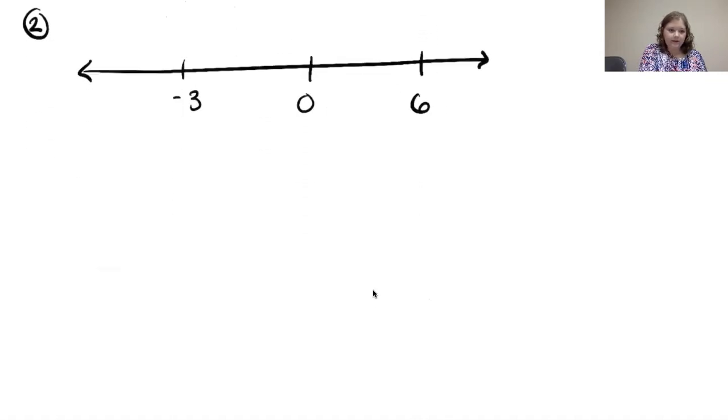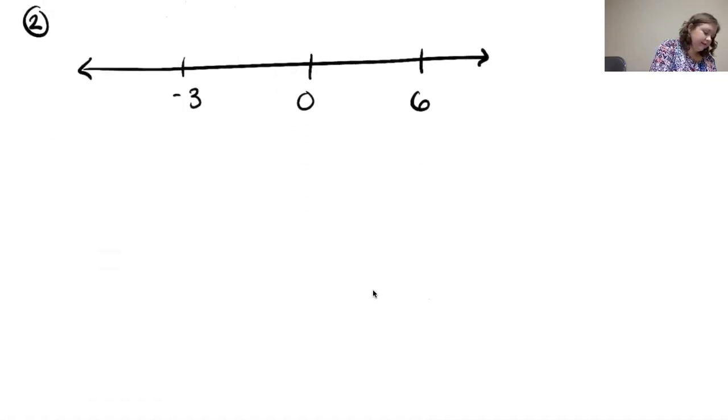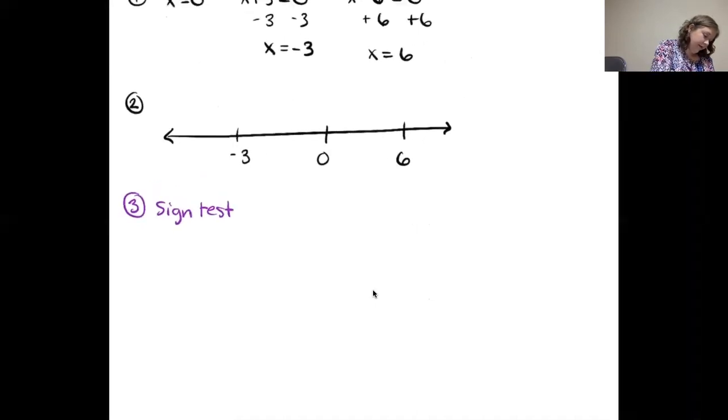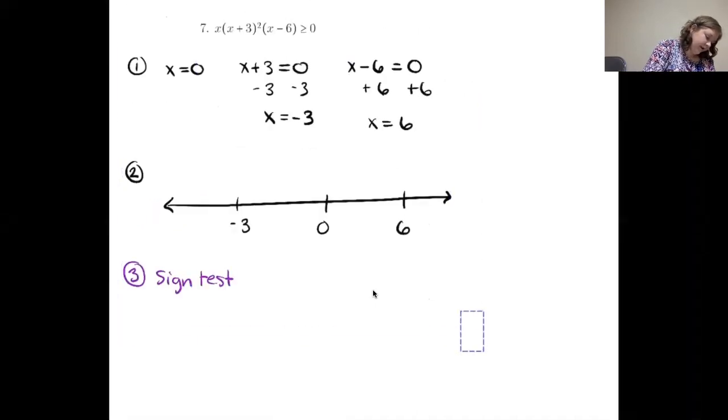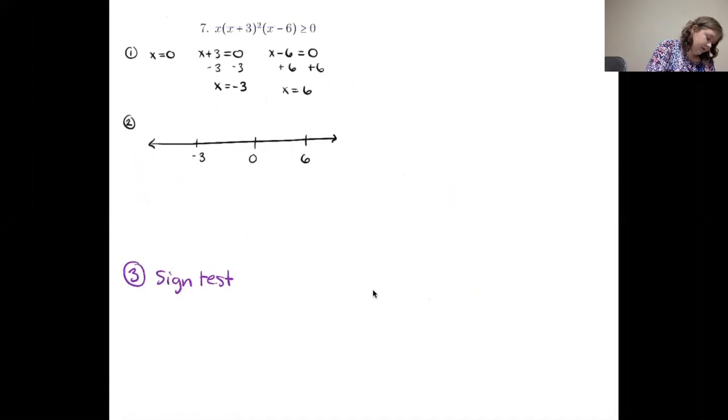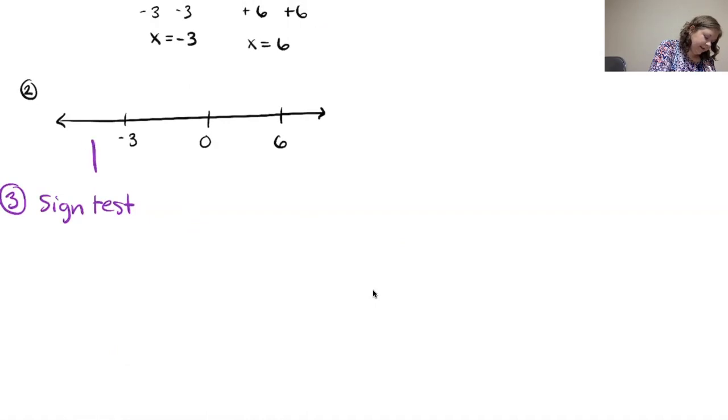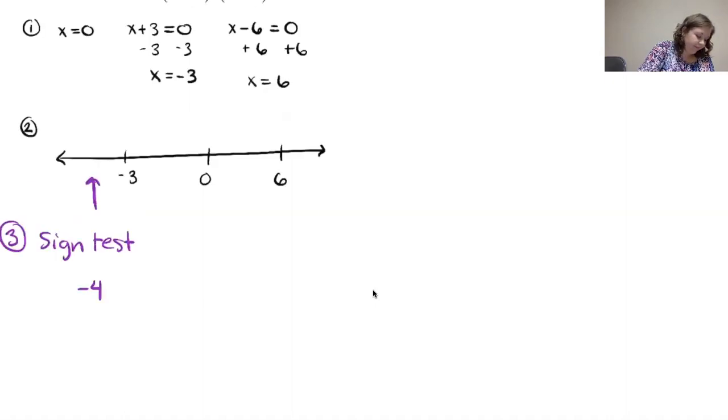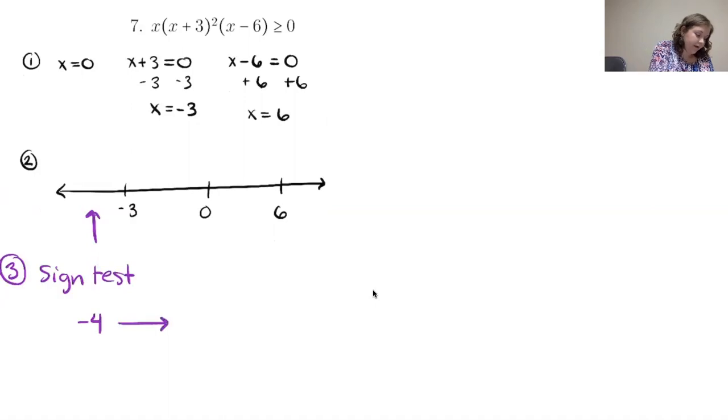And then we will do step 3, which is the sign test. Maybe I'll make it smaller so it'll all fit on the same screen. Okay. So for the sign test, we'll pick something from the first interval there. So we'll pick -4 because that's less than -3. And we will plug it into the original equation up here in yellow.